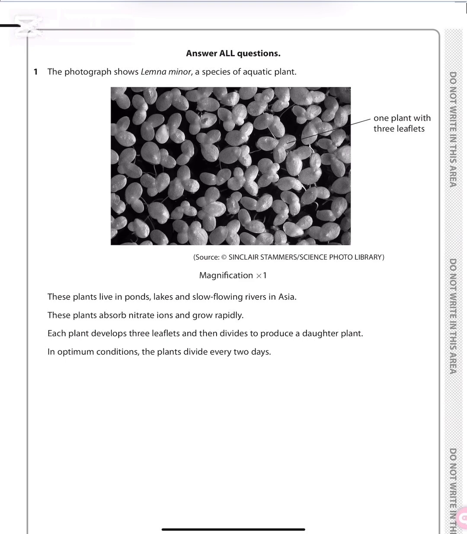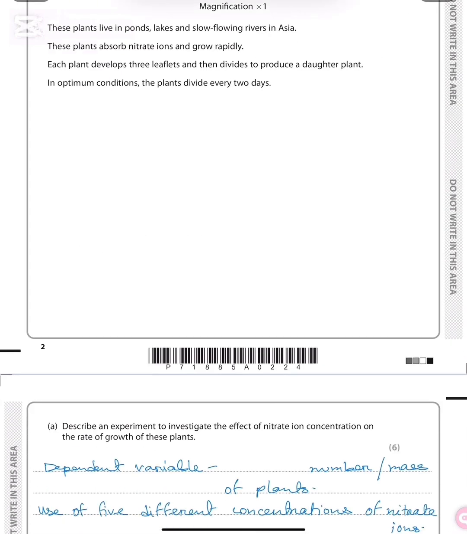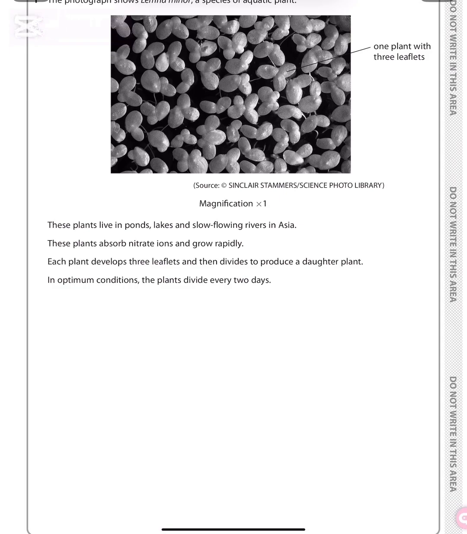In optimum conditions it takes 2 days to divide. That means in 2 days it will have 3 leaflets and then it will divide to produce a daughter plant.